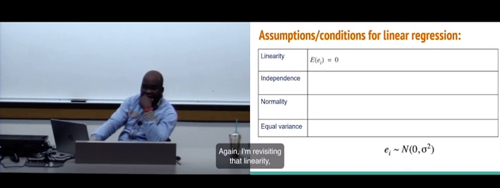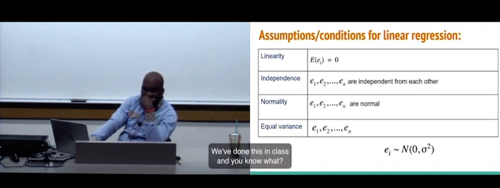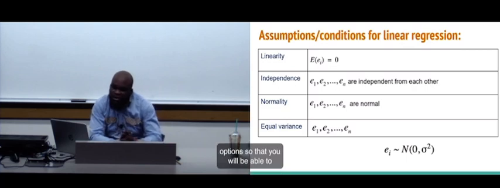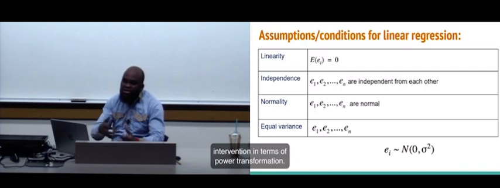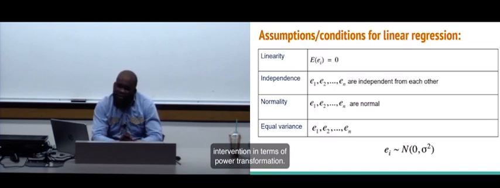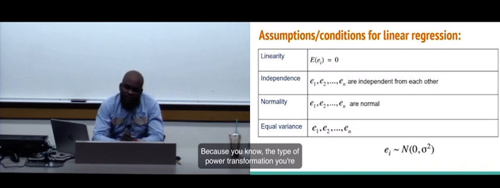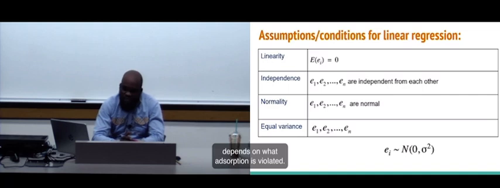Now, what are these assumptions again? I'm revisiting them: linearity, independence, normality, and equal variances. We've done this in class, but I need to revisit these assumptions so that you will know your level of intervention in terms of power transformation, because the type of power transformation you are going to adopt may depend on which assumption is violated.